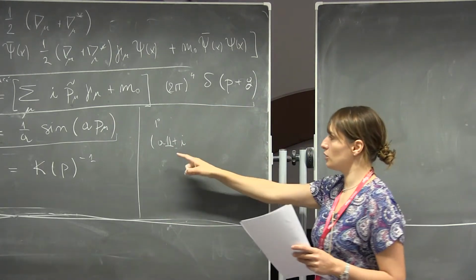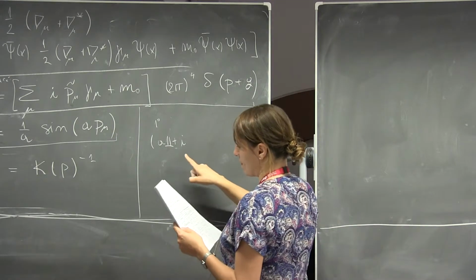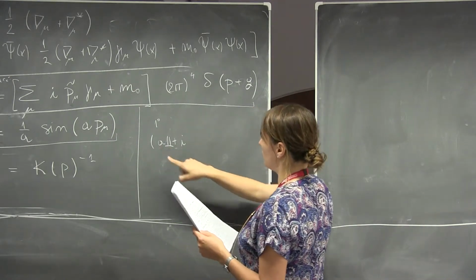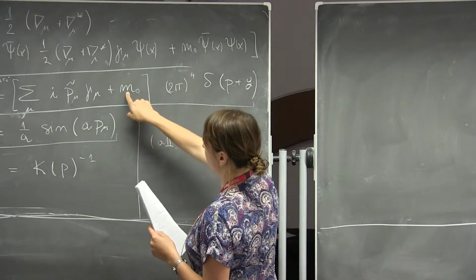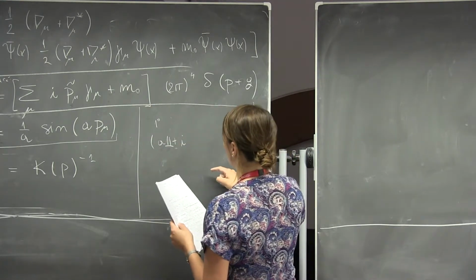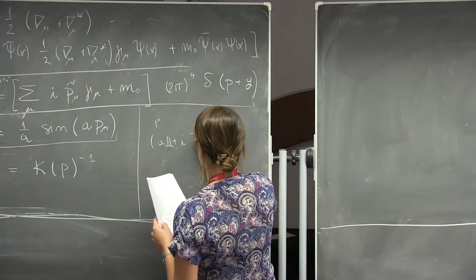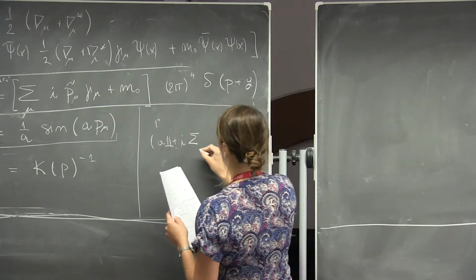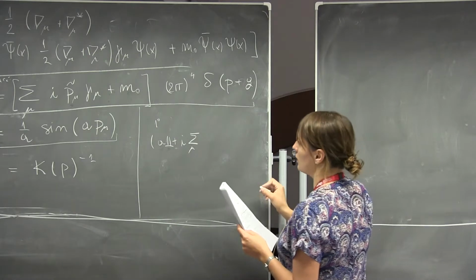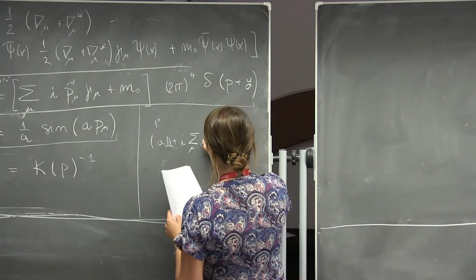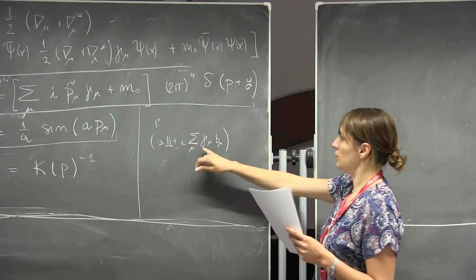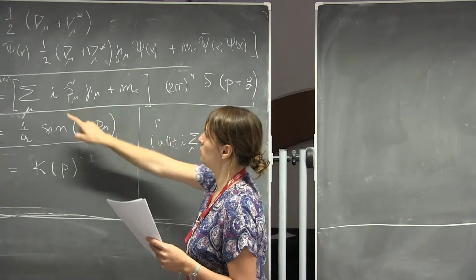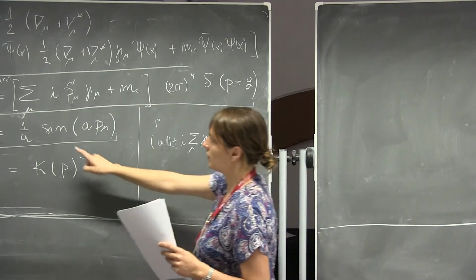If we have unity multiplying some constant A, which will be the mass term here, plus i times the sum over all directions of gamma mu B mu, which will be our gamma mu and pi mu tilde here.